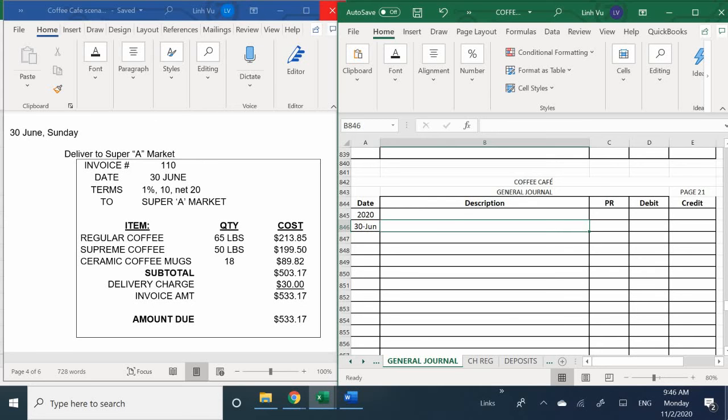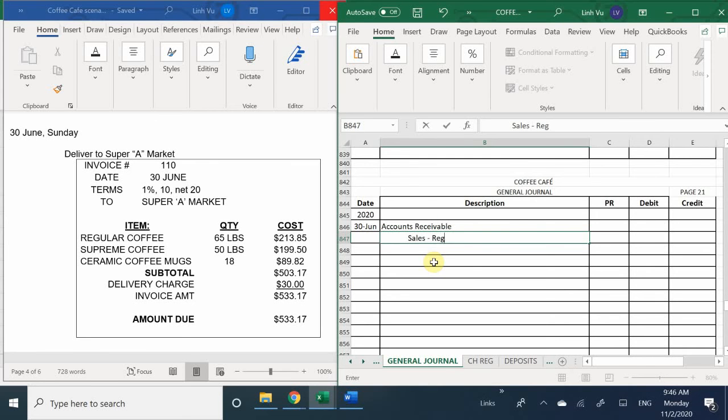And so we're going to, it's going to be accounts receivable, debit. Yes. Okay, good. Let me write it down as I'm going. Accounts receivable debit, and then we're going to credit sales, regular coffee.